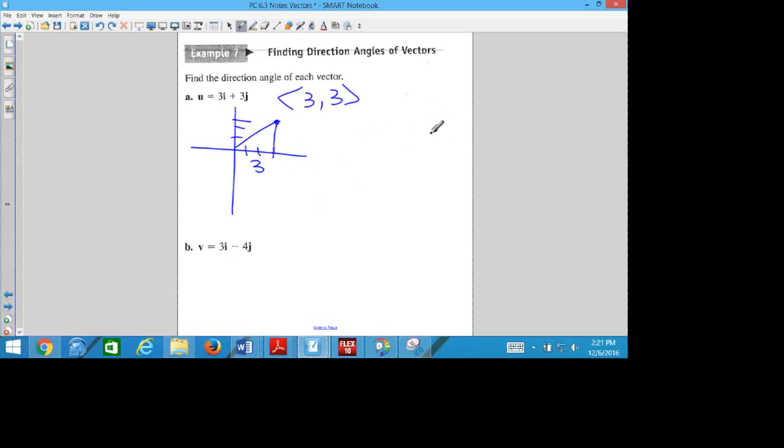Our goal is to find the angle theta. According to that angle, what two sides do we know? We know opposite and adjacent, that's tangent. So the tangent of theta is 3 over 3. The tangent of theta is 1. What's theta? 45 degrees. You should know that from the unit circle.